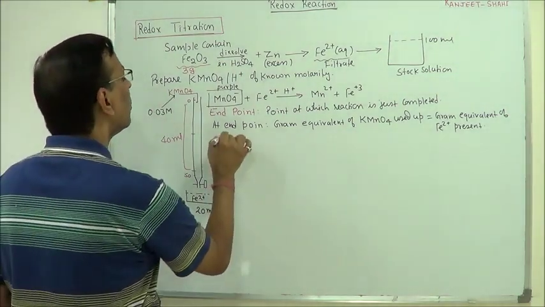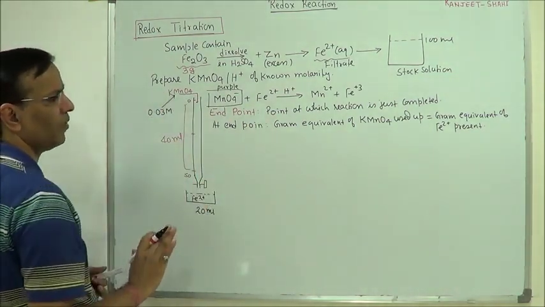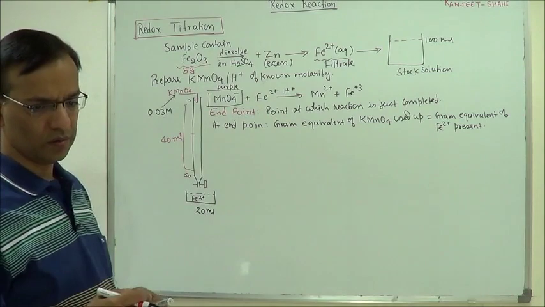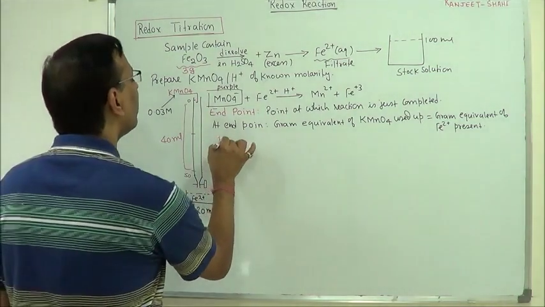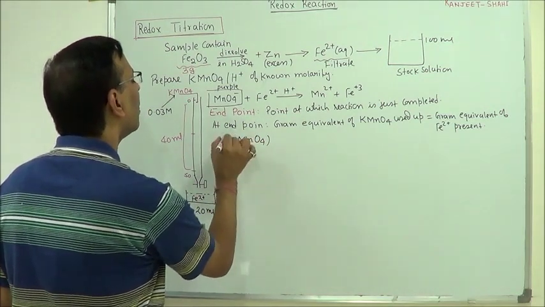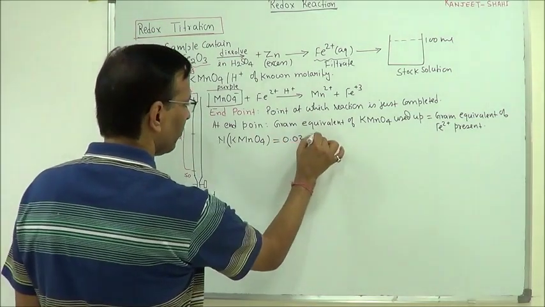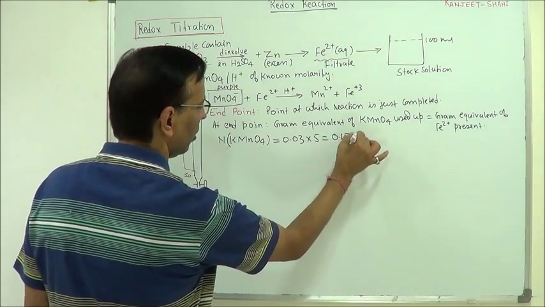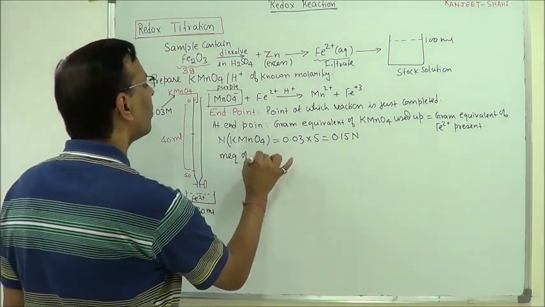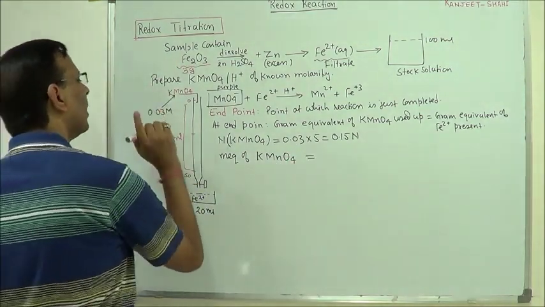So first we convert molarity into normality so that we can apply the concepts of equivalence, otherwise we will have to balance the redox reaction, which we don't want now. So normality of KMnO4: n factor is 5, so it will be 0.03 multiplied by 5, 0.15 normal. So milliequivalent of KMnO4 used will be equal to volume multiplied by normality.